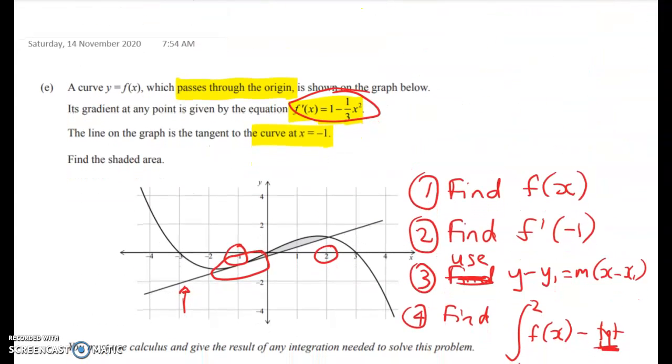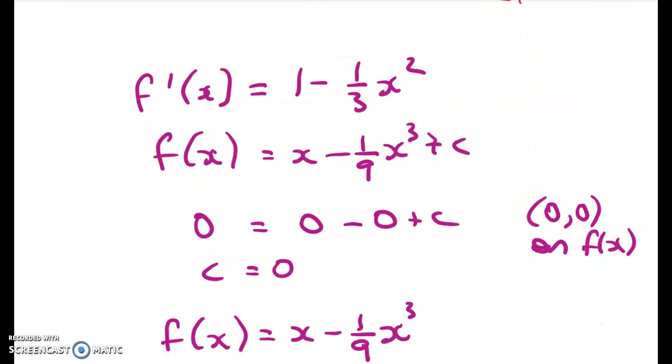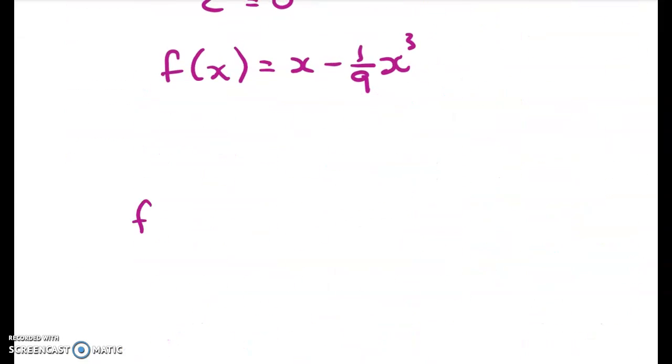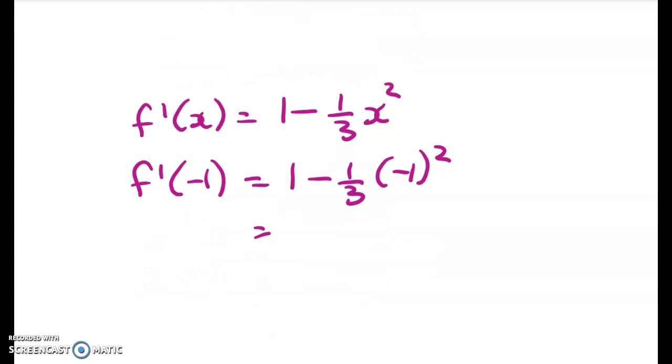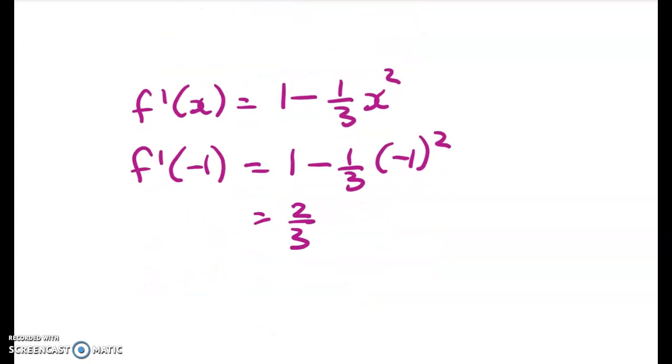Now the next thing we have to do is to get this equation of the tangent line. So we need to evaluate the gradient at x equals -1. So f dash of x again is equal to 1 minus 1/3 x squared. F dash at -1 will equal 1 minus 1/3, which is 2/3. Right, so now we should be good to go to find the equation of the tangent at x equals -1.